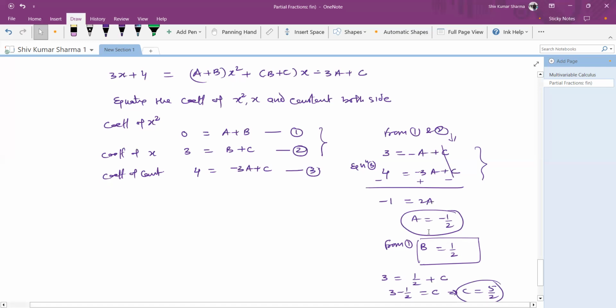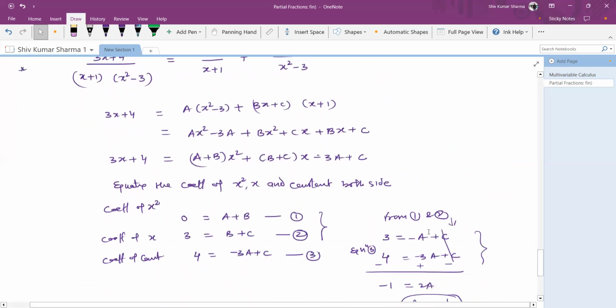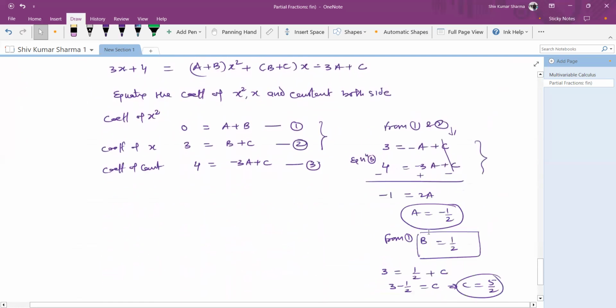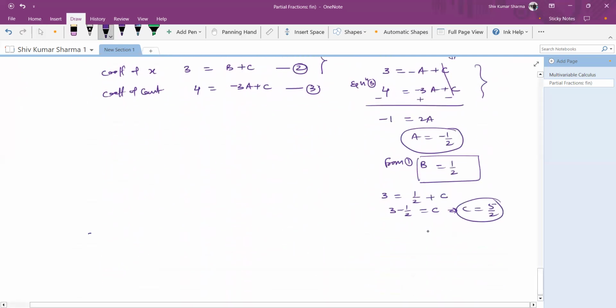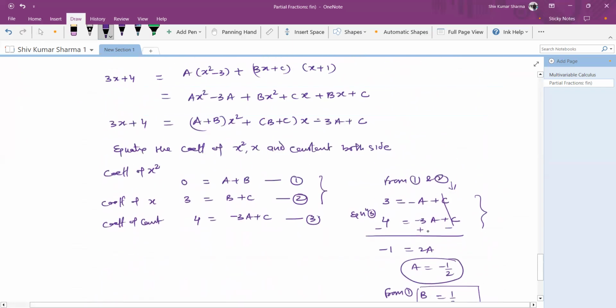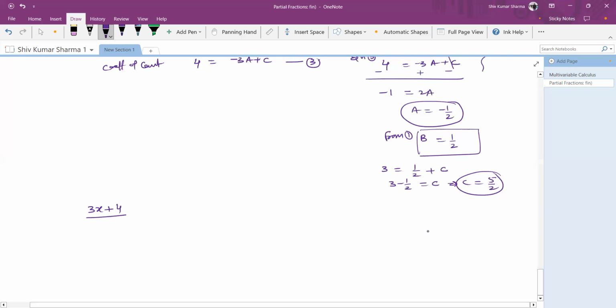So the partial fractions of 3x plus 4 upon x plus 1 into x square minus 3 is equal to a, minus 1 by 2 upon x plus 1, plus b, 1 by 2 x plus c, 5 by 2 upon x square minus 3.